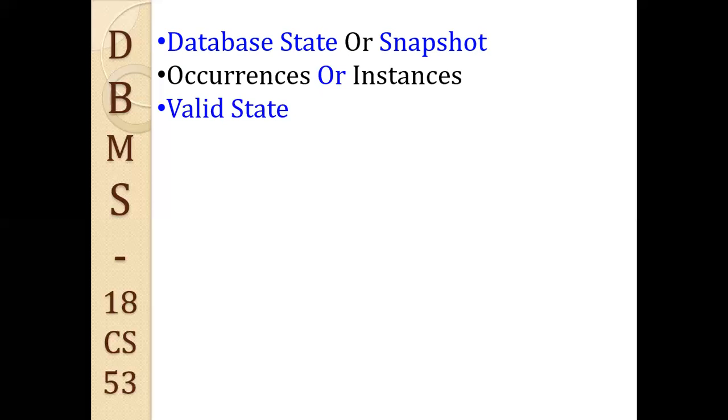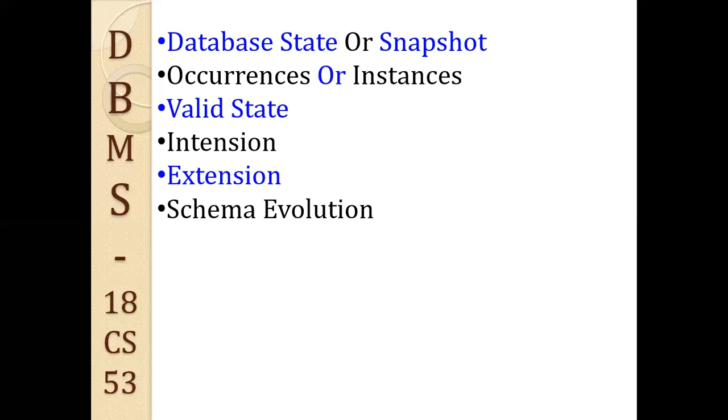Sometimes the schema is also referred to as the intension. Whatever schema we are giving for the database, we can use the term intension, and the database state we can call extension. Here we'll show some examples.